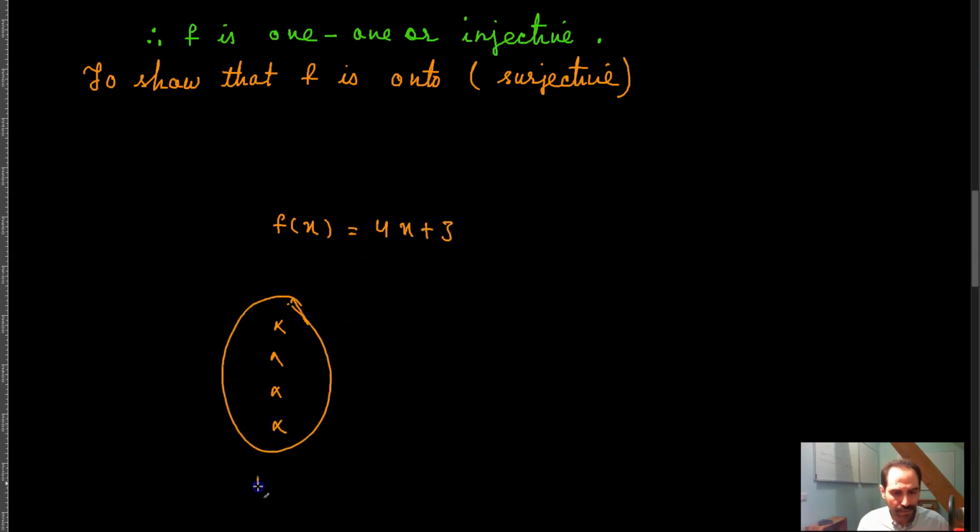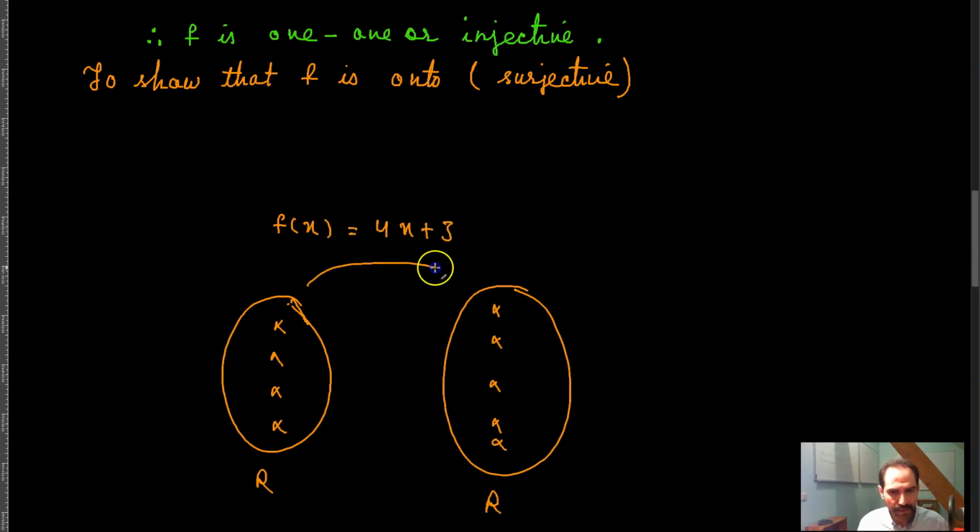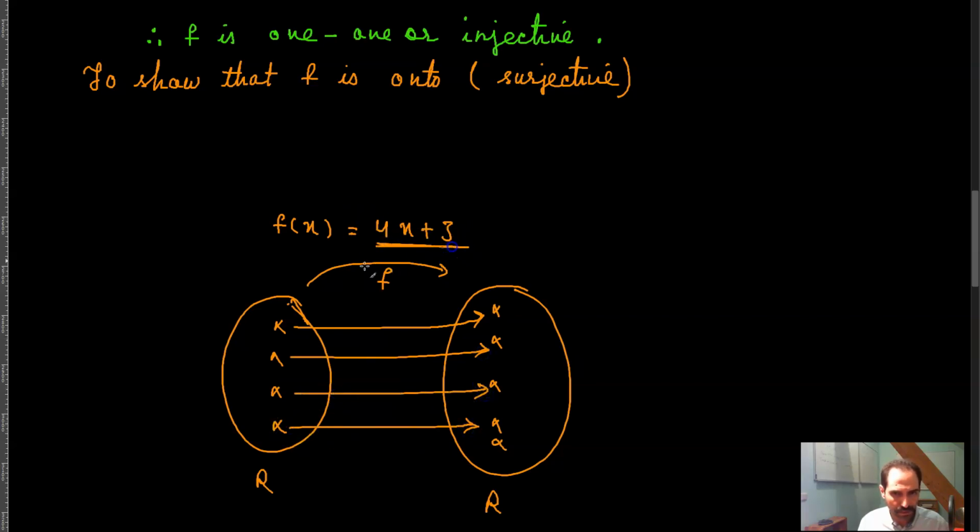The domain of the function is the set of real numbers, the codomain of the function is the set of real numbers, and f maps these elements to the other elements in the codomain of the function using this rule.